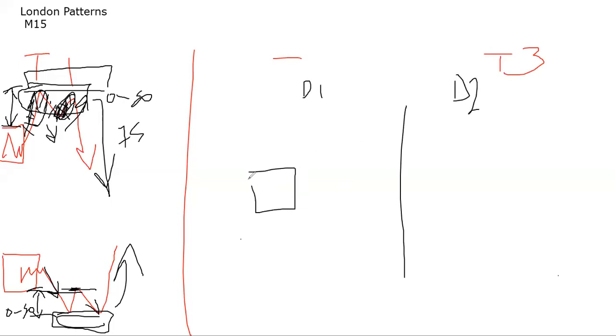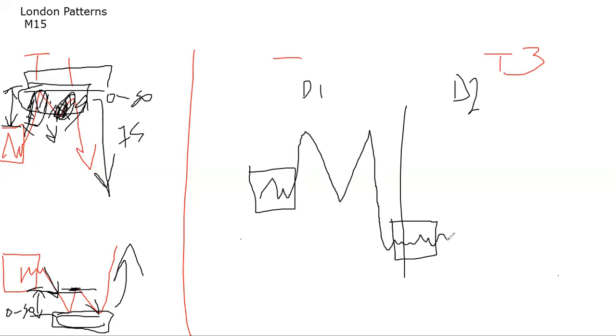You have the Asian box there. The dealer will stop hunt during the day and end the day in consolidation. So it's just going to come and continue the move. That's basically what happens with London patterns.